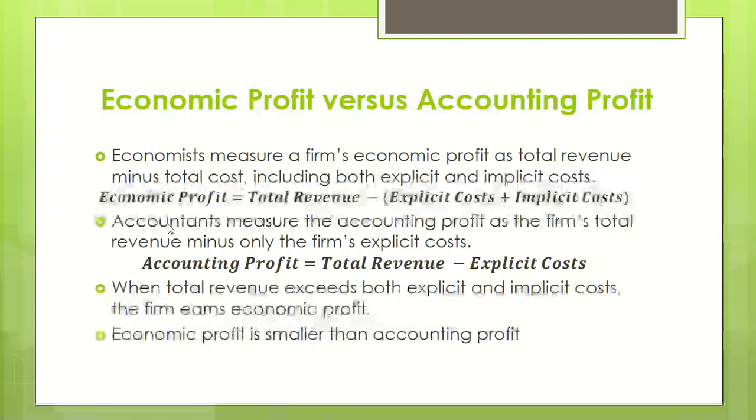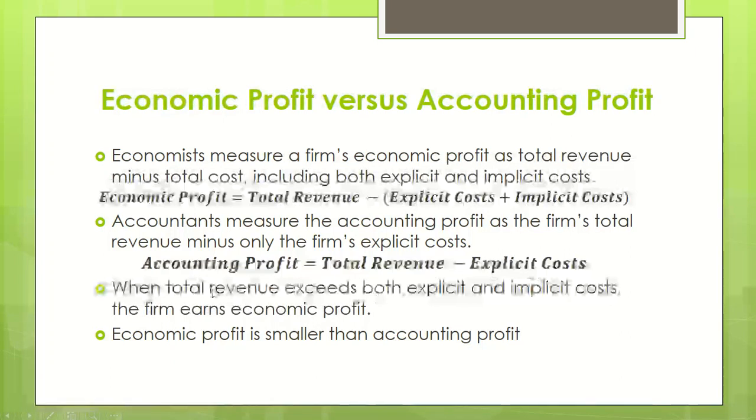While on the other hand, accountants measure the accounting profit as the firm's total revenue minus only the firm's explicit cost. You can say that in accounting profit there is no implicit cost. There is just total revenue minus explicit cost, and here it is written as accounting profit is equal to total revenue minus just explicit cost.